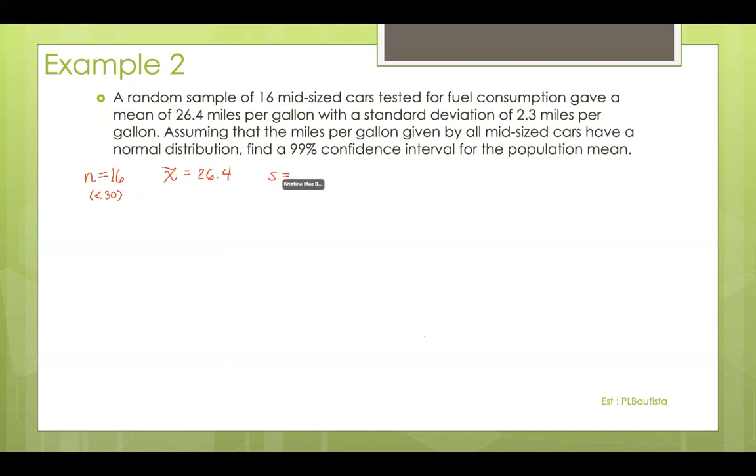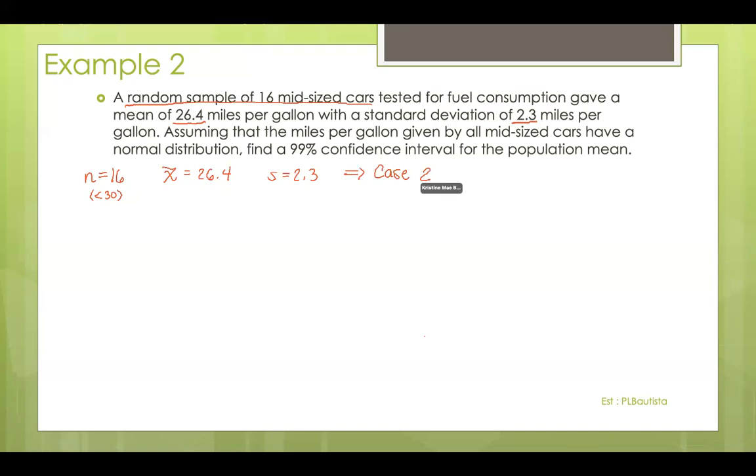You will have to read the problem carefully to identify that both 26.4 and 2.3 come from the random sample of 16 cars. Since this comes from the sample, we make use of the notations X bar and S. Since sigma is not known, and you have a sample size which is less than 30, then we're going to use case 2.